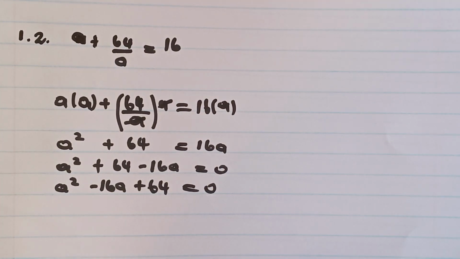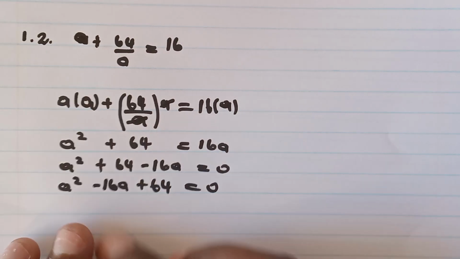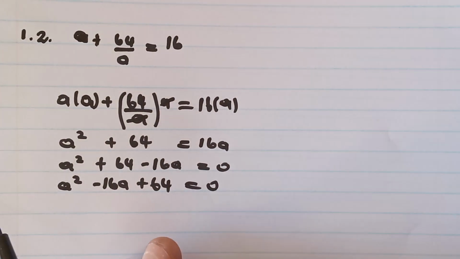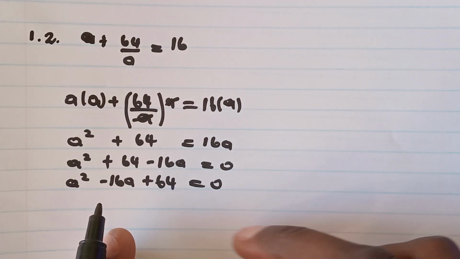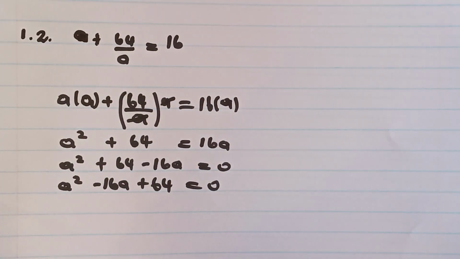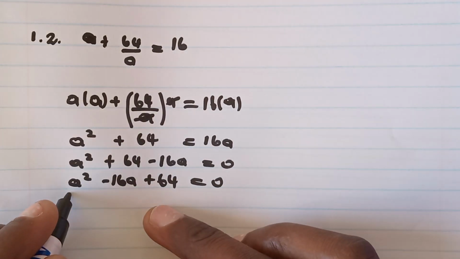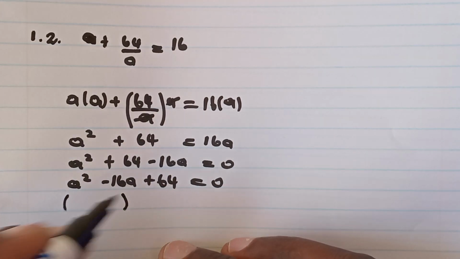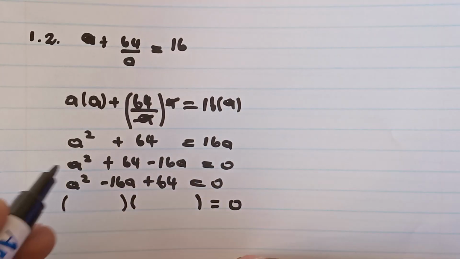When you add 8 plus 8, it gives you 16. So when you add negative 8 minus 8, it gives you negative 16. But when you multiply negative 8 and negative 8 together, they give you positive 64. So definitely those are the perfect factors that we have to take.